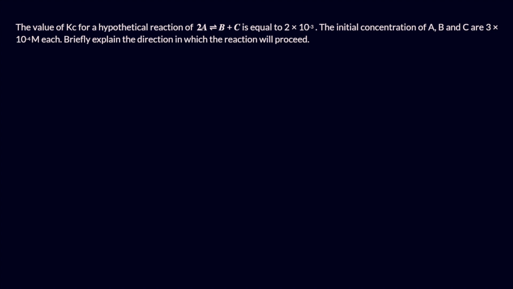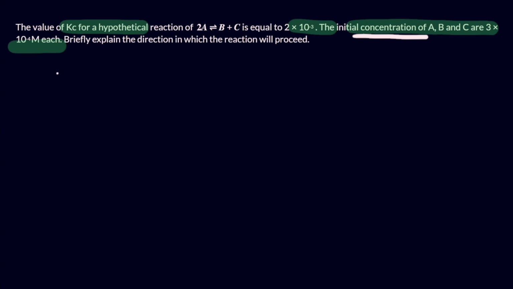Okay, in this question, it says that the Kc is equivalent to 2 times 10 to the power of negative 3. But you were given the initial concentrations of A, B, and C, which are 3 times 10 to the power of negative 4. So since you were given the initial concentration, what you can calculate is the Qc.